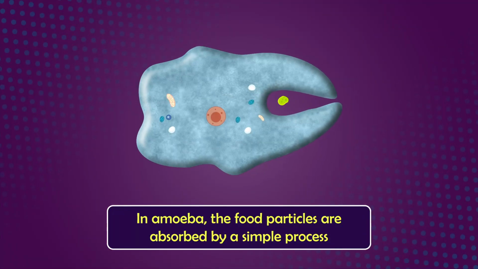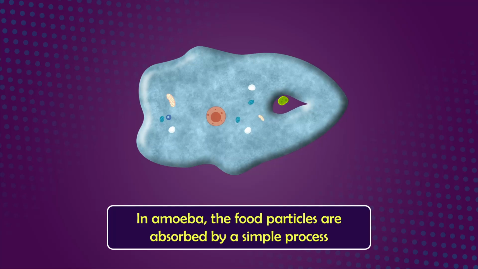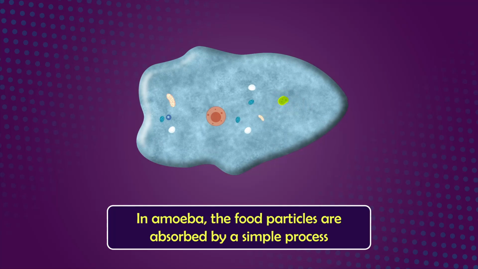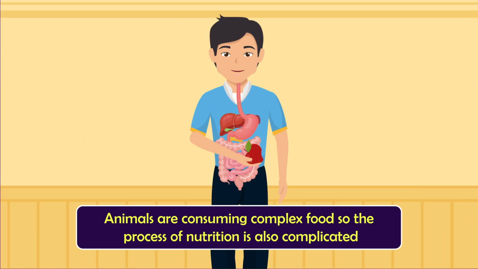In amoeba, the food particles are simple to digest and are absorbed by a simple process. But animals consume complex food, so the nutritive process is also complicated.